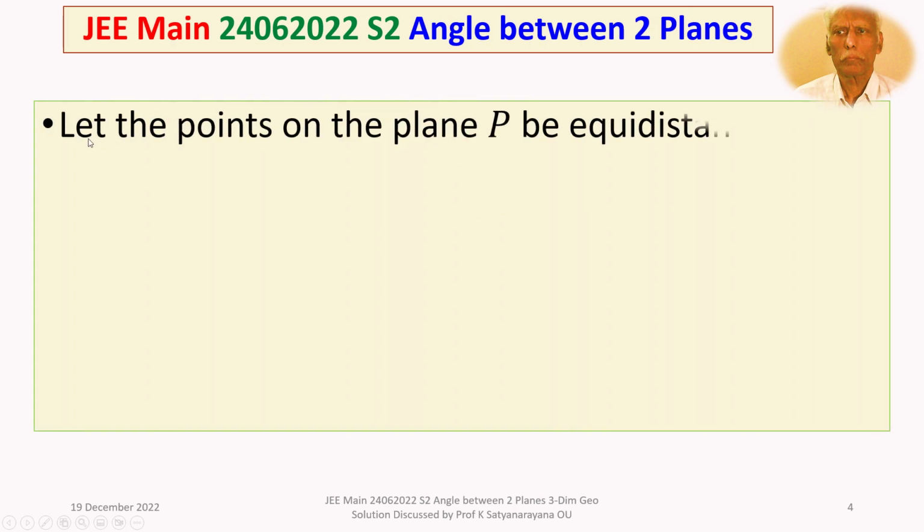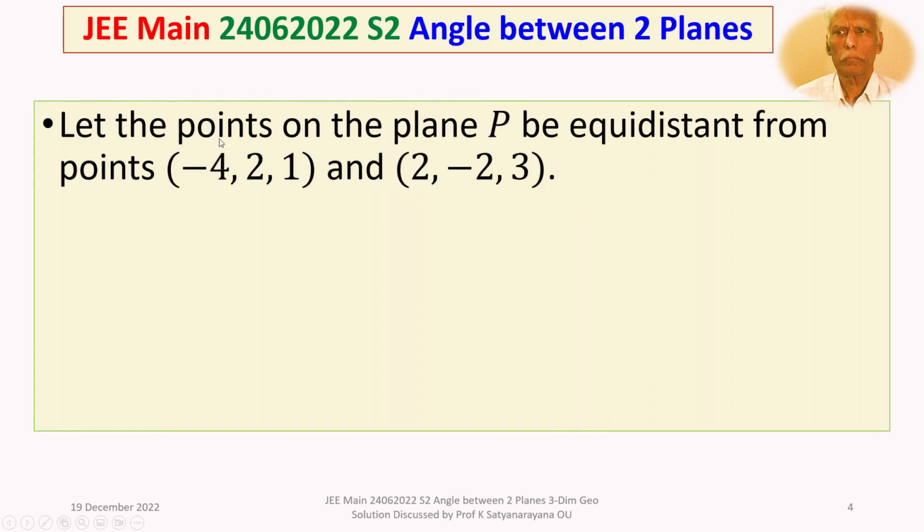The problem is: let the points on the plane P be equidistant from the points with coordinates (-4, 2, 1) and (2, -2, 3).